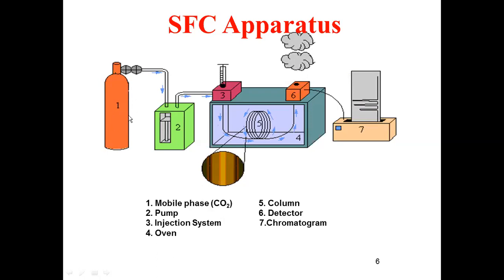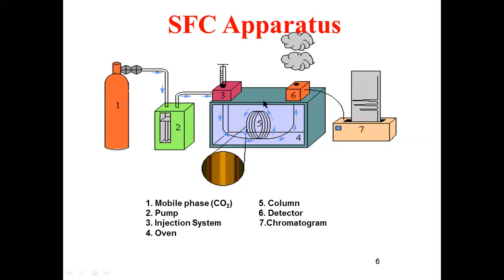Carbon dioxide will be present in this tank, connected to a pump because we need to create pressure, and at the adjusted pressure we need to bring it above its critical pressure so that the carbon dioxide can be converted into a supercritical fluid. The mobile phase from the carrier tank will pass through the pump, and at the adjusted pressure it will move towards the chromatography column.